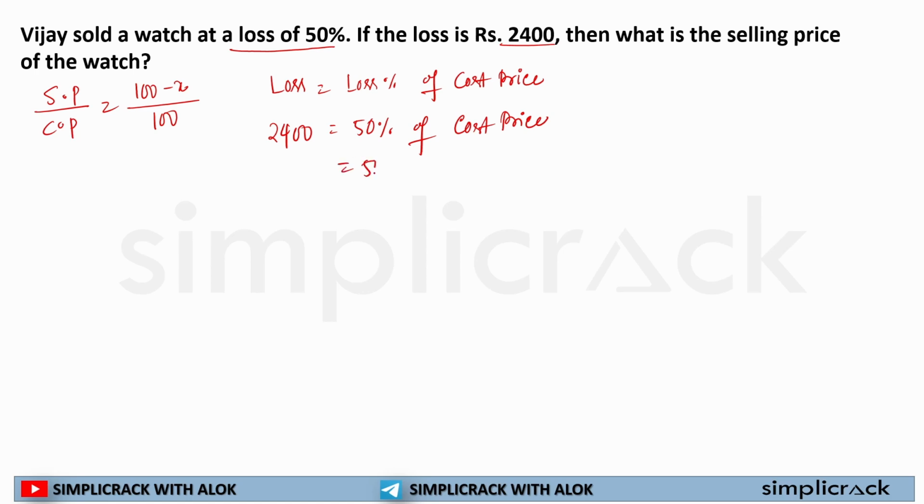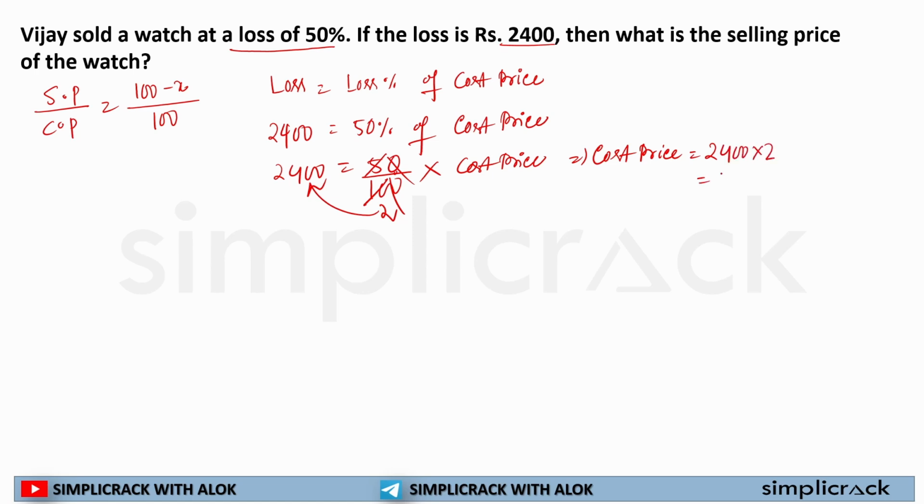So now 50% of something can be written as 50 by 100 multiplied by cost price, which is equal to 2400. And if I solve it, 5 2s are 10 and 2 will multiply here. So my cost price will be what? 2400 multiplied by 2, that is 4800. So my cost price is what?